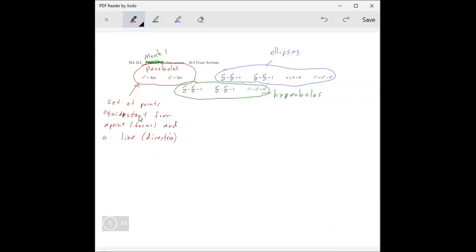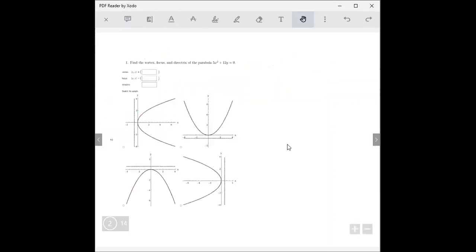Okay, so they're the set of points that are equidistant from a point, which is the focus, and a line, which is called the directrix. Okay, let me show you with an exercise. That's probably best to show you with an exercise here.